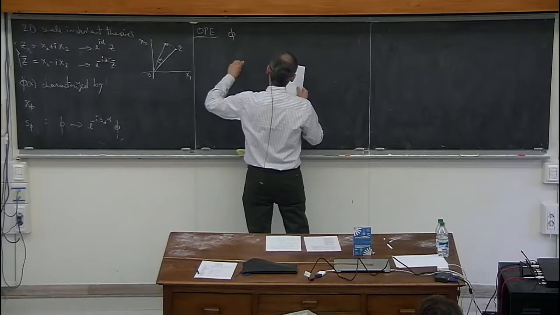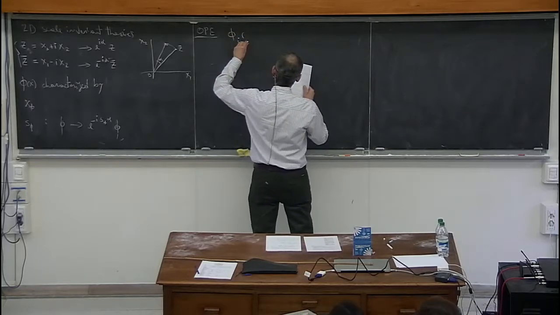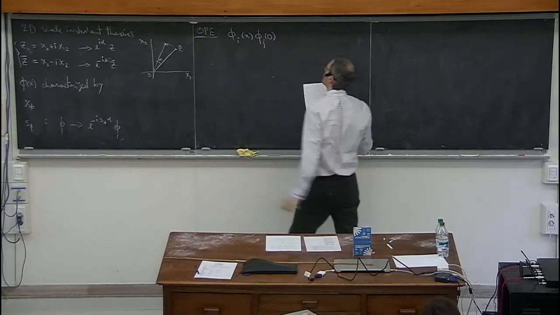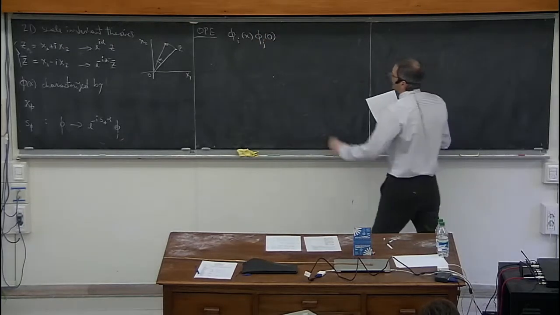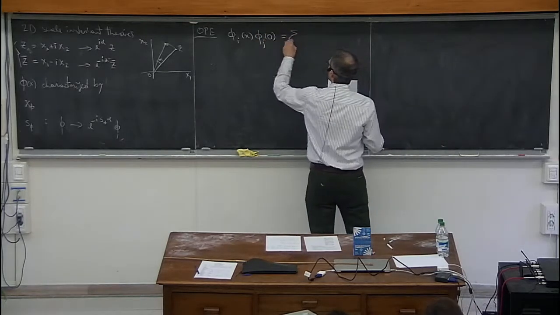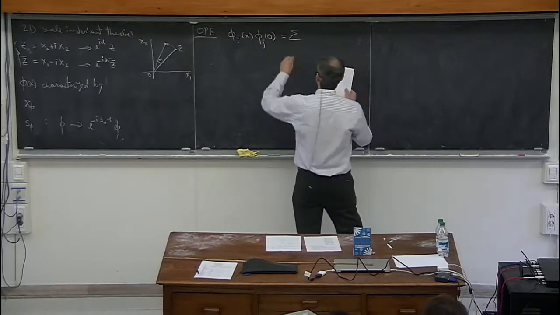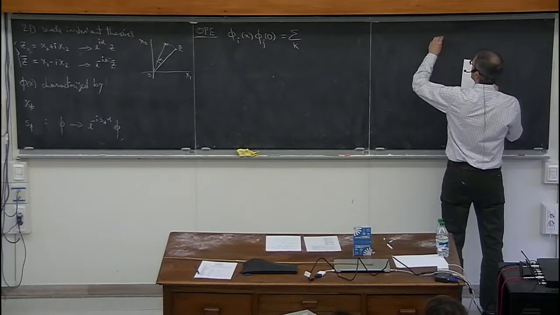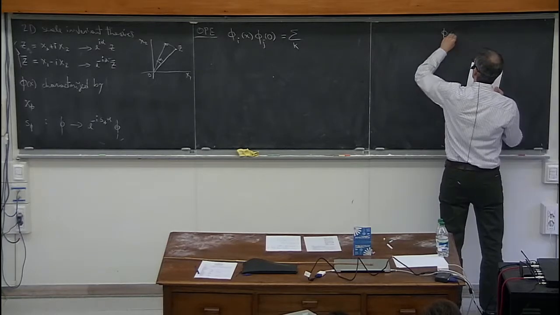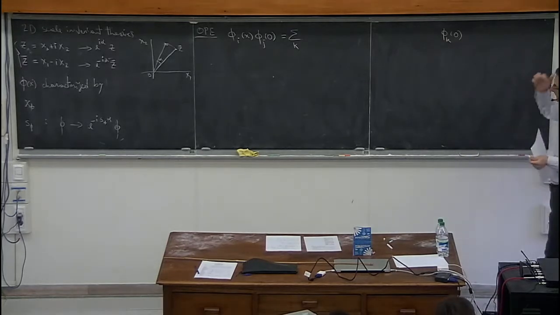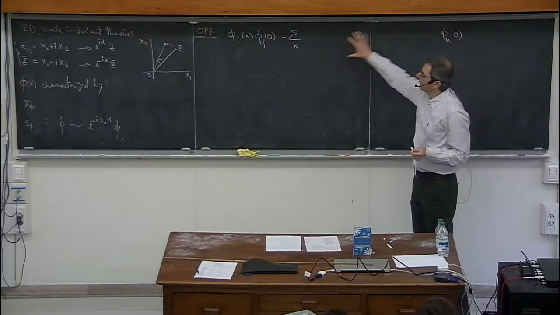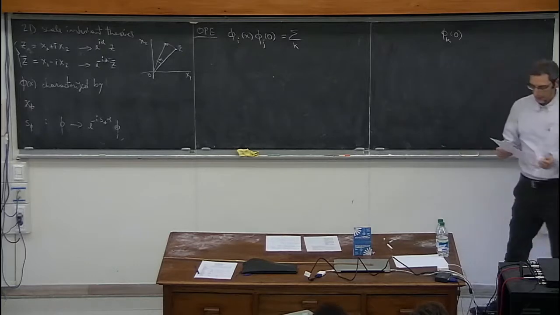If I take a product of two fields, I can expand this on a basis of the fields. So here we'll have some new fields phi_k at 0. And then there will be, of course, the dependence on the coordinates.